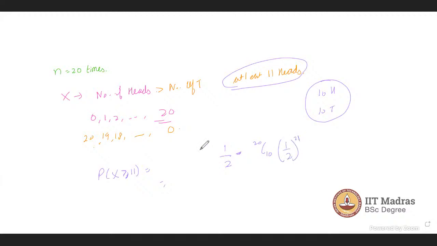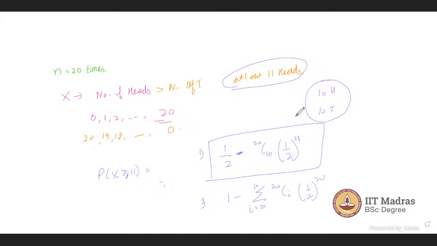This is the correct answer. There was more than one option correct, right? One more option is 1 minus the sum over i equal to 0 to 10 of 20Ci times (1/2) to the power 20. Yeah, this one is simple, right?